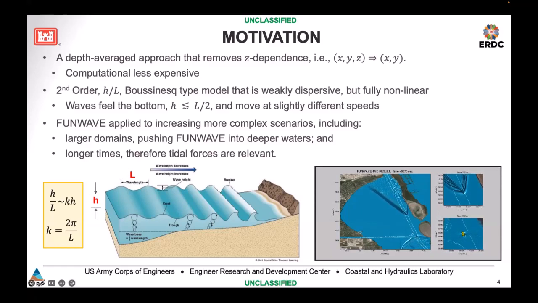Conversely, in the deep water limit, all waves travel at different velocities but independent of the depth. But as you go into shallow water, all the waves have the same velocity and only vary with depth.